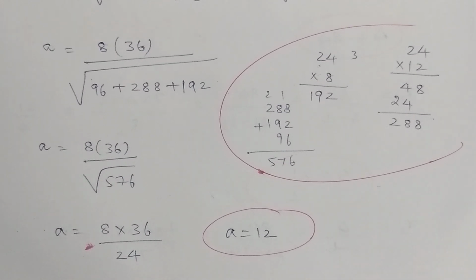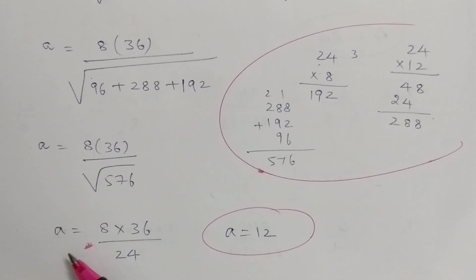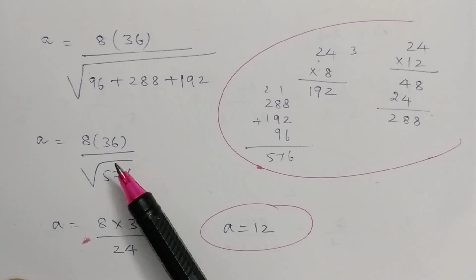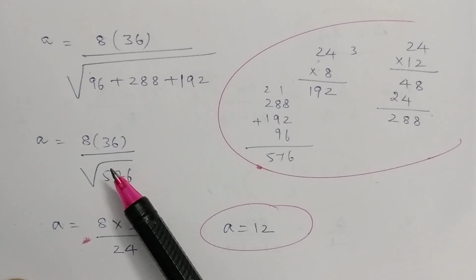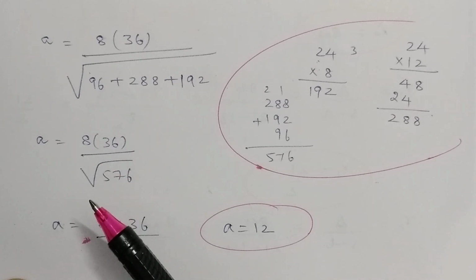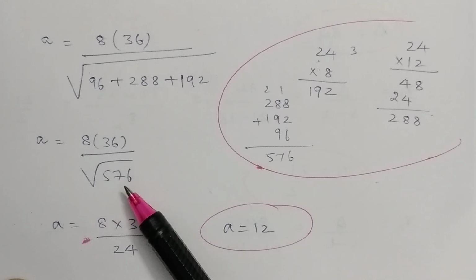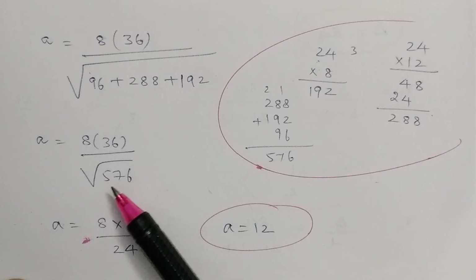So A equals 8 into 36 by 24. Here you should remember the square roots of numbers till 30. Or else you can do prime factorization of 576, as we have done in the previous problem for delta.